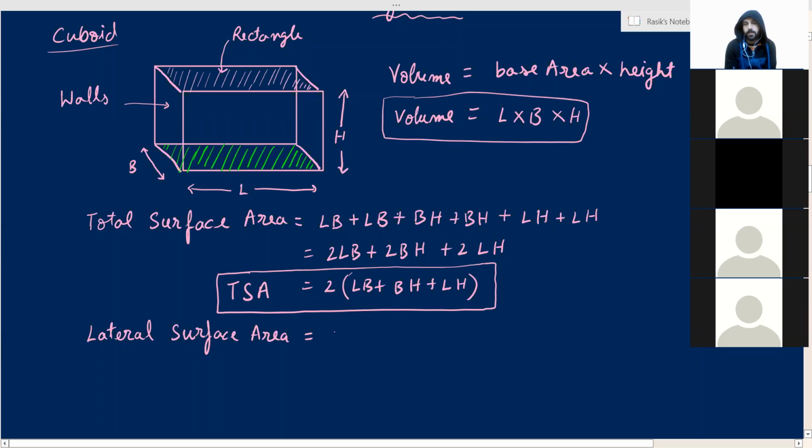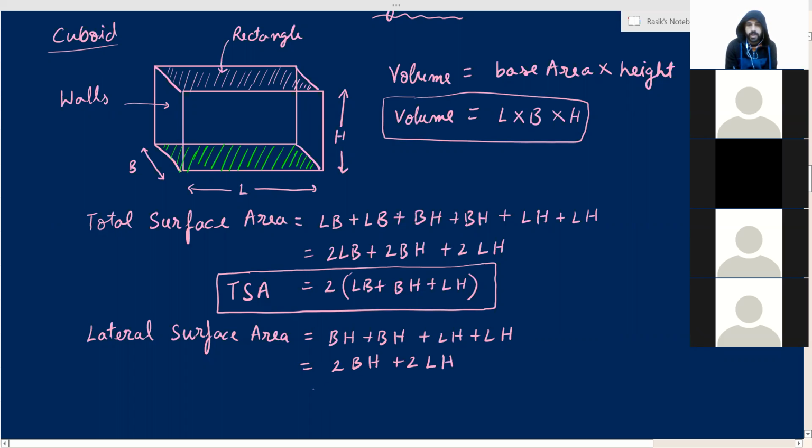Now you will not count floor and ceiling. So you will add only BH plus BH plus LH plus LH. That means all the four walls. So this becomes 2BH plus 2LH.